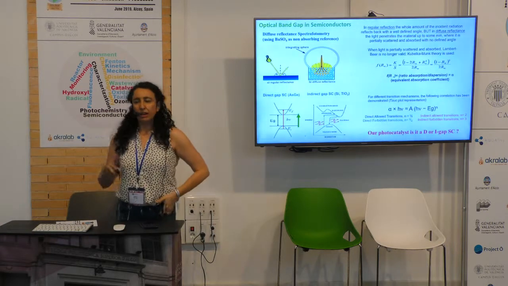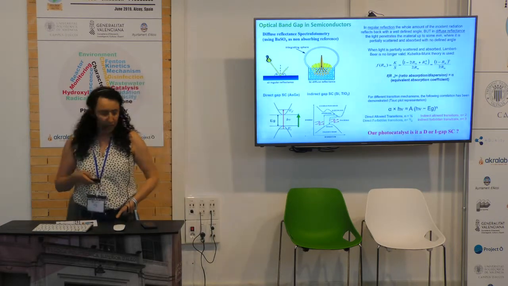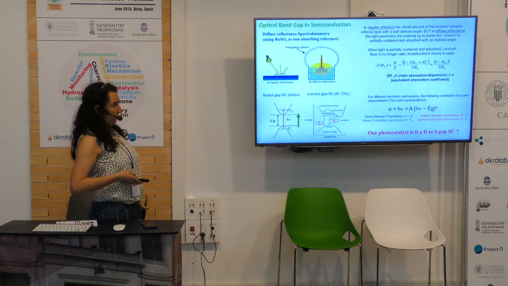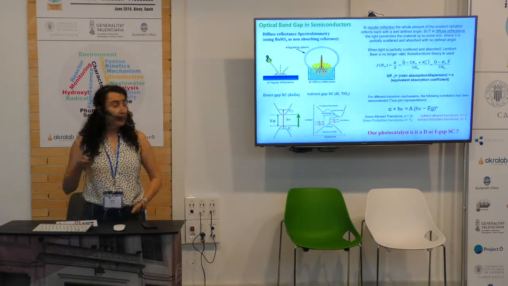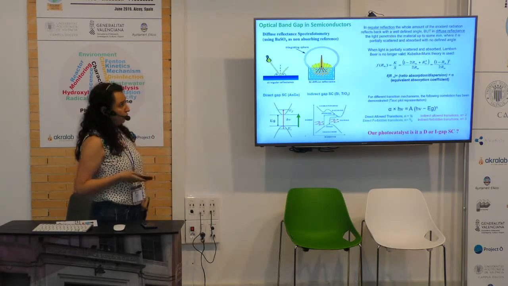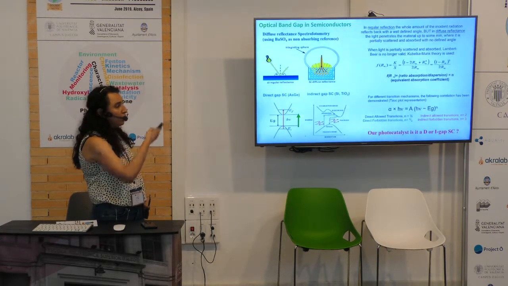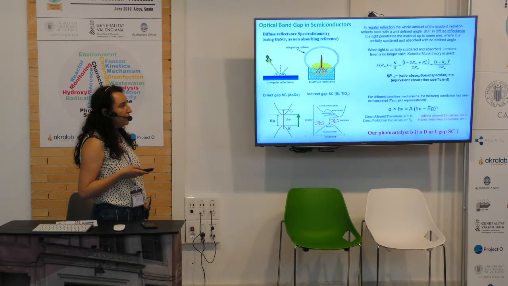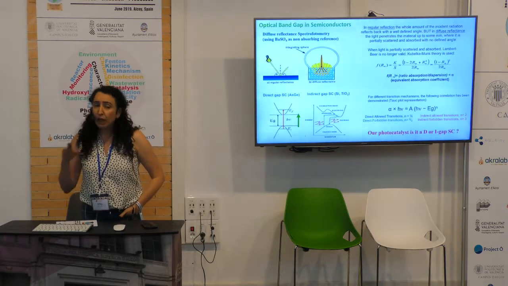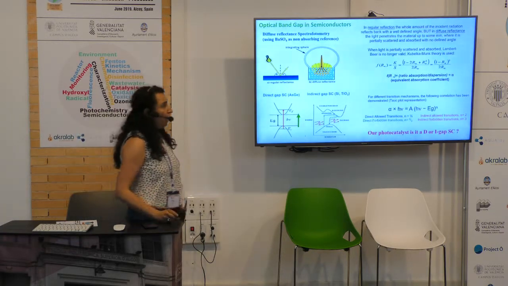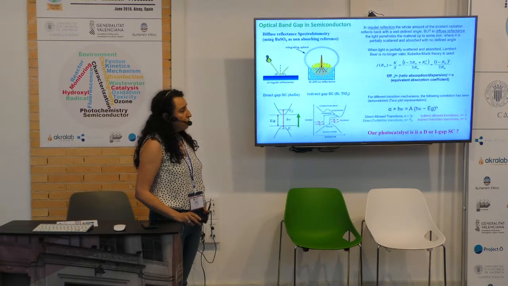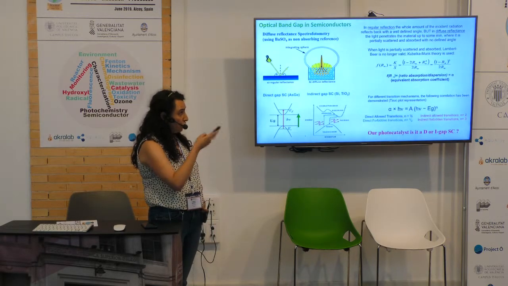Optical band gap. I'm sure that you are all very well aware of how the optical band gap in semiconductors is determined. Most of us use diffuse reflectance spectrophotometry, where you have here the equations and the theory that is applied, and why we apply this theory of the diffuse reflectance when we have solids, because of the dispersion of the particles.